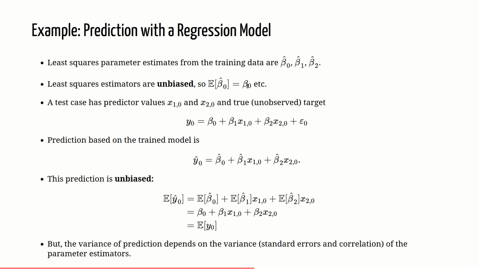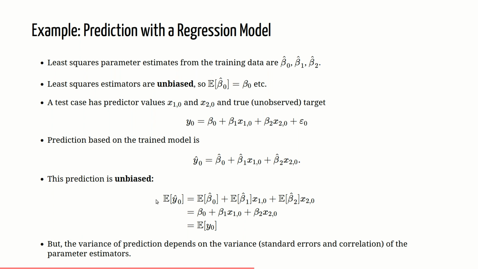So on average, when we fit the model to a sample of data, we're going to get the correct value in the population, if you like, for the intercept and for the slopes. And so when we compute the expected value of a predicted observation, we're going to get it correct on average.